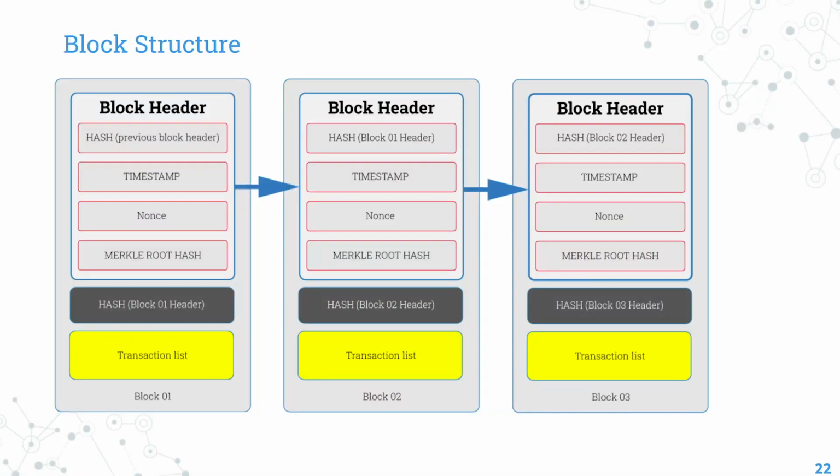A blockchain is a distributed ledger with growing lists of records or blocks that are securely linked together via cryptographic hashes. Each block contains a cryptographic hash of the previous block, a timestamp, and the transaction data generally represented as a Merkle tree, where data nodes are represented by leaves.